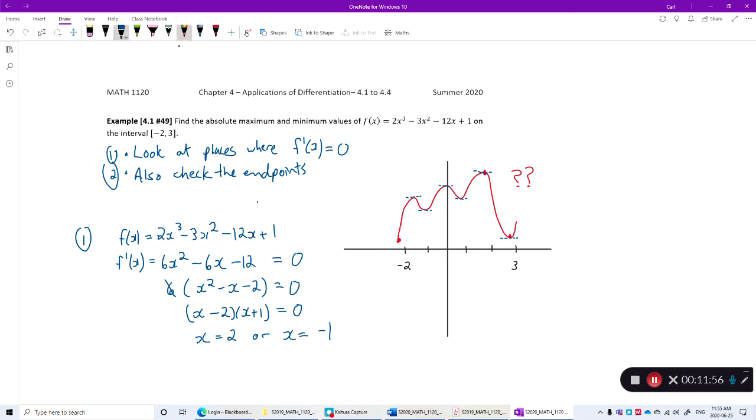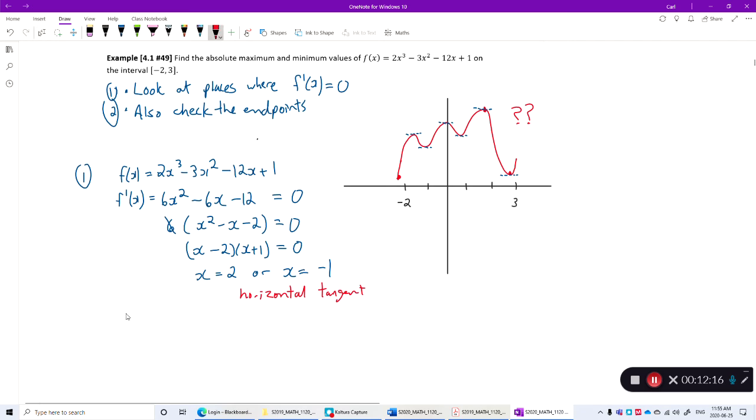So those are 2 places where the tangent is flat, or horizontal tangent. So those are what we would say they're candidates. They're candidates for places where there might be an absolute max or min. So we're also going to check the endpoints.